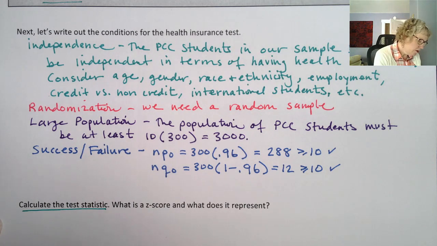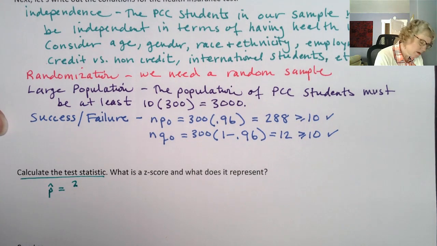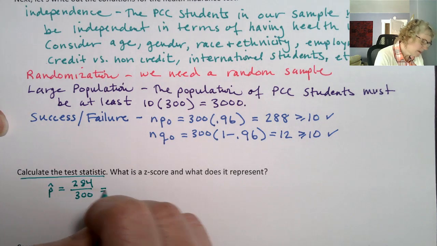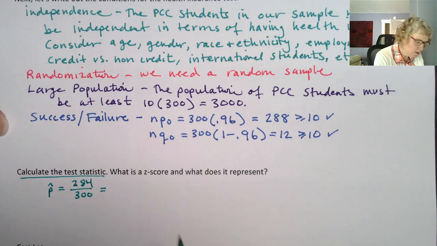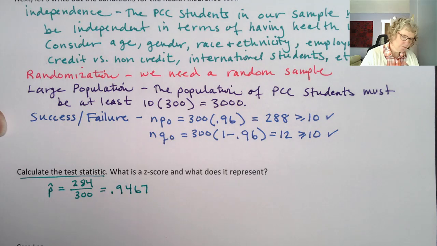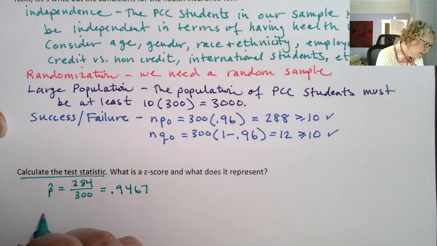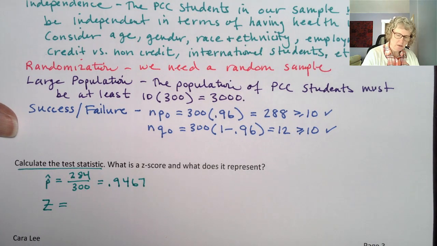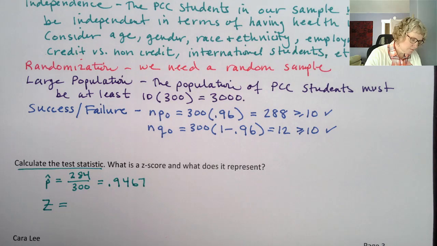So remember our p hat was 284 out of 300, which is 0.9467. And then we are going to do our test statistic, which is the z-score.